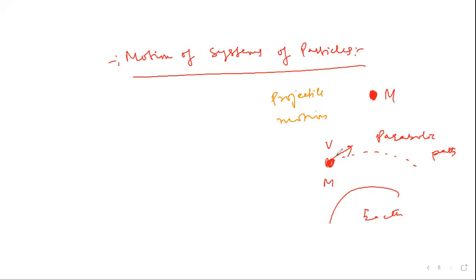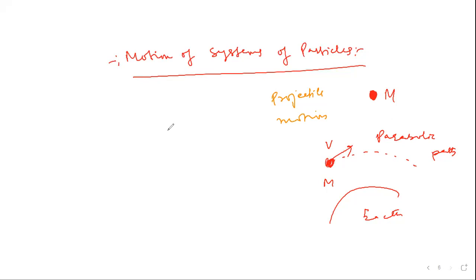The question is, when we throw this mass, it is acted upon by gravity, and the result is its projectile motion. We are treating it as a point mass in this whole analysis.